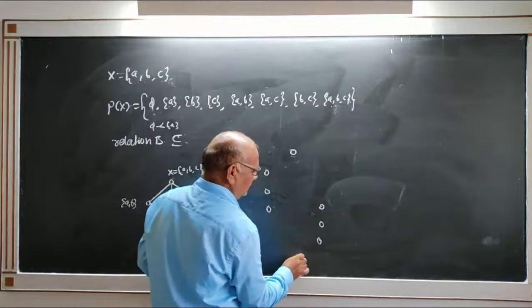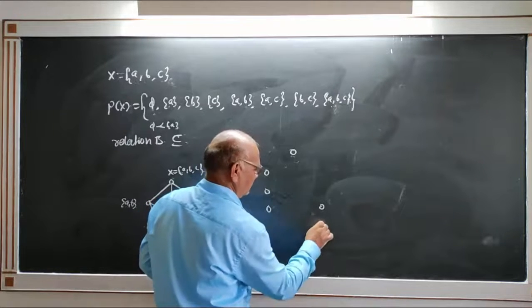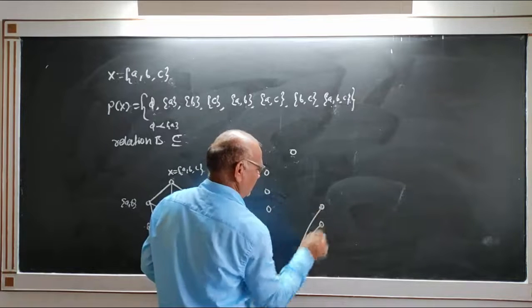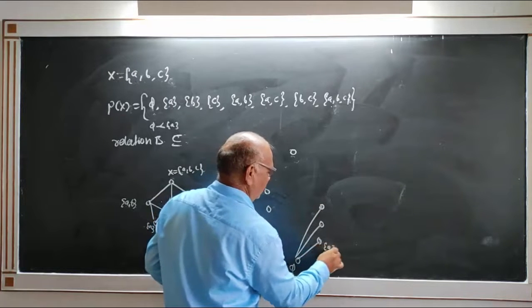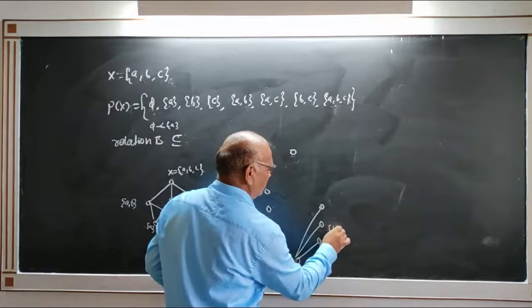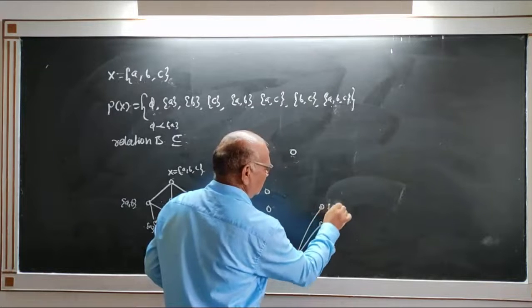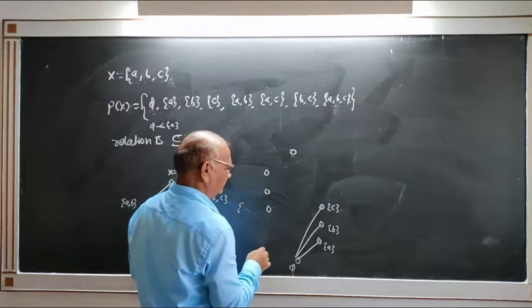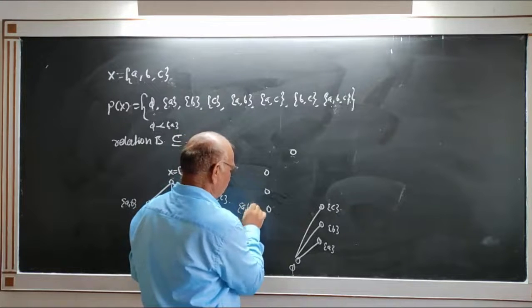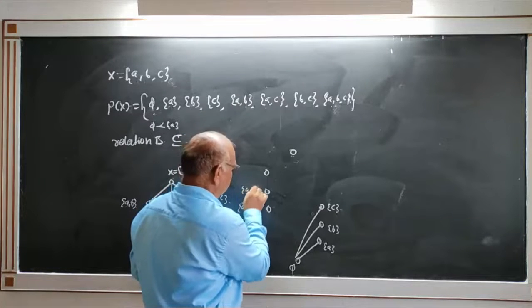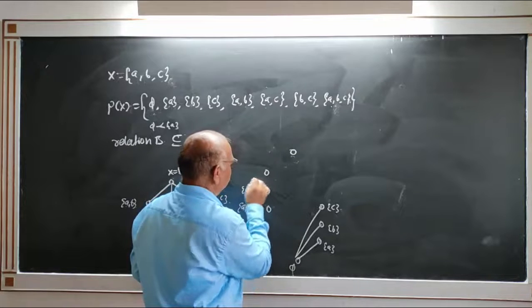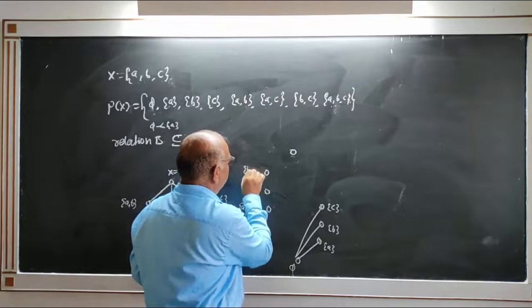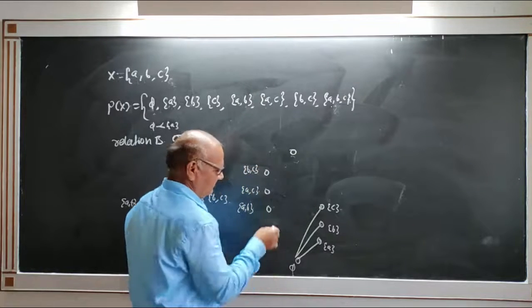Phi is related to these 3 elements. That means A, B, C. Here AB, AC, BC.